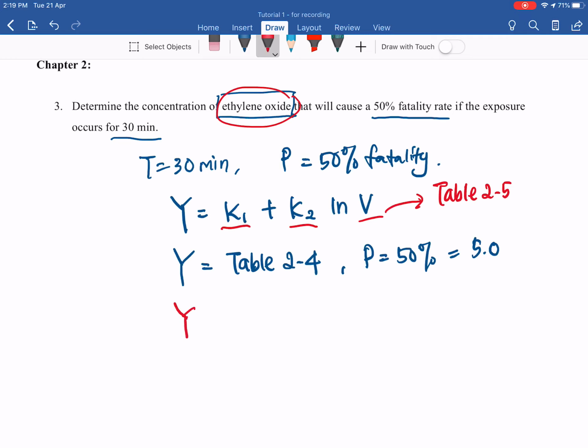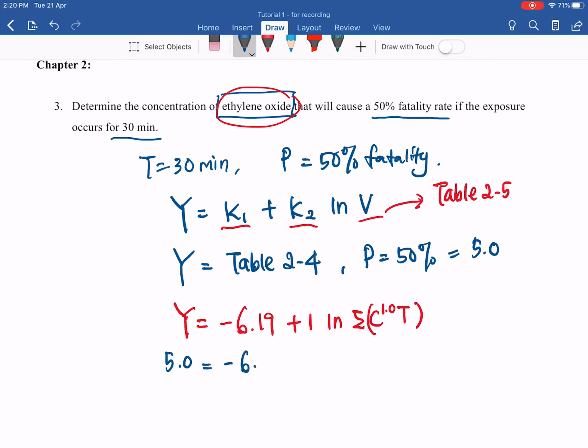If we put all these values back into our formula, we will have Y equals negative 6.19 plus 1 ln of the summation of C to the power of 1.0 times T. In this case, we have 5.0 equals negative 6.19 plus ln 30C, since T is already given as 30 minutes.